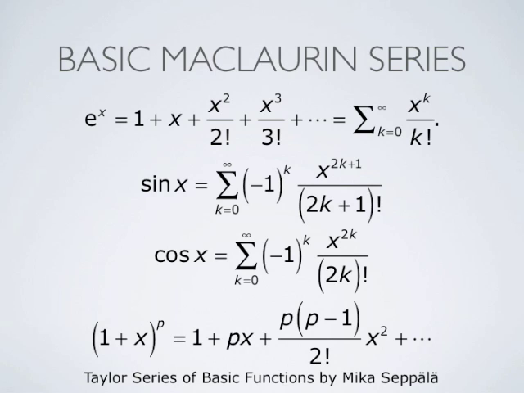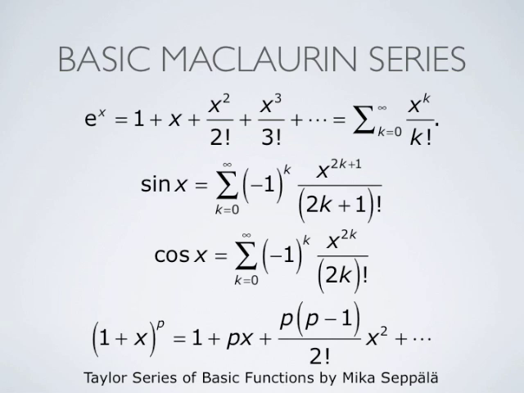Sine of x equals summation k from 0 to infinity (-1)^k x^(2k+1) divided by (2k+1) factorial, and cosine of x equals summation k from 0 to infinity (-1)^k x^(2k) divided by (2k) factorial, and finally the binomial series is that (1 plus x)^p equals 1 plus p times x plus p(p-1) divided by 2 factorial times x squared plus, and so forth.